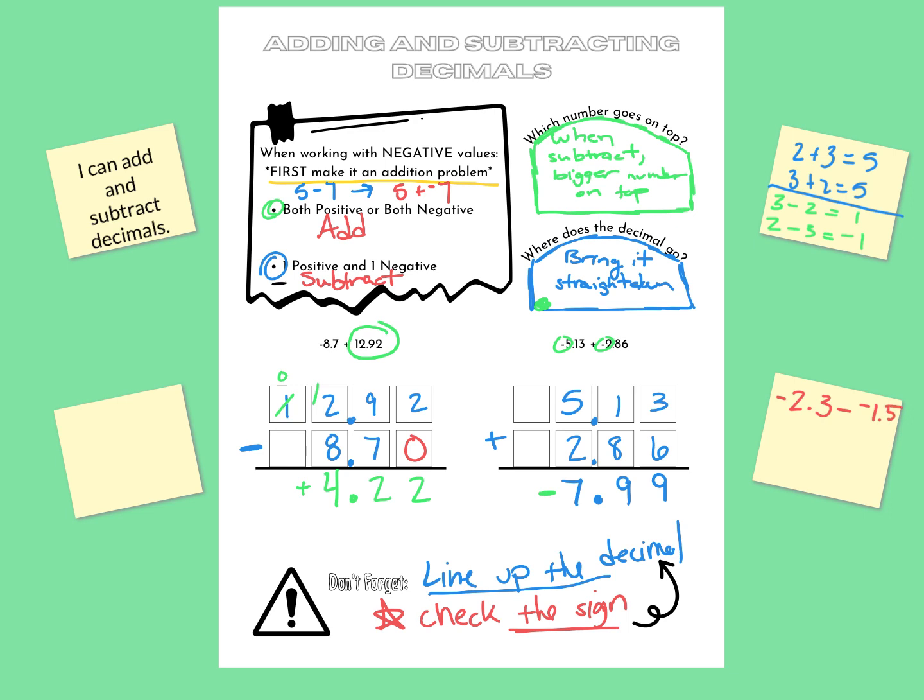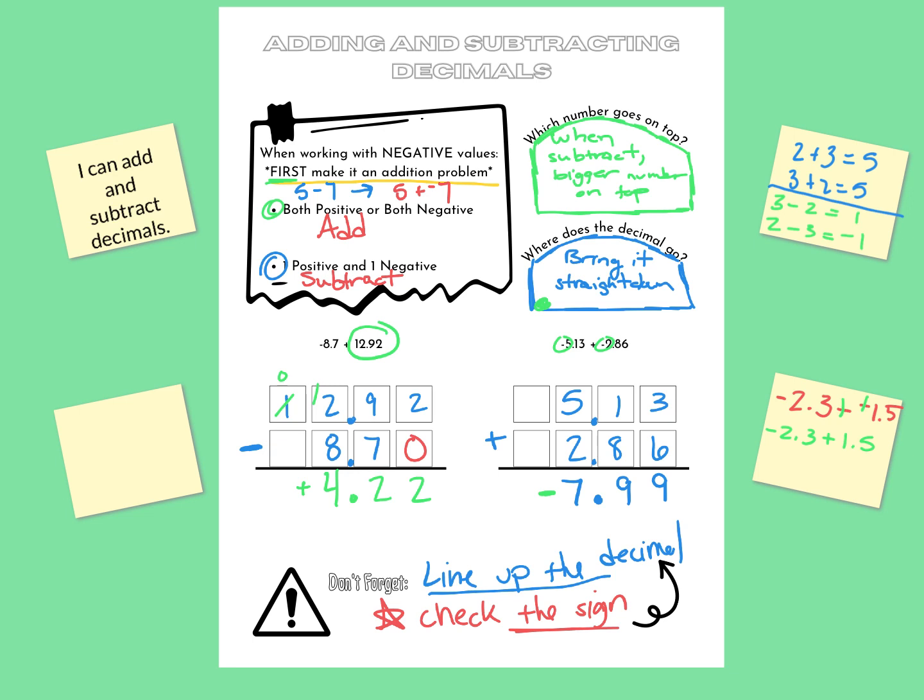Well, we're going to follow our integer rules, and that tells us I'm going to change this into an addition problem. We're going to do this first step here. So I'm going to change this to adding. That makes this a positive. Add the opposite. So what I really have here is negative 2.3 plus 1.5. So what looked like a subtraction problem is an addition problem.